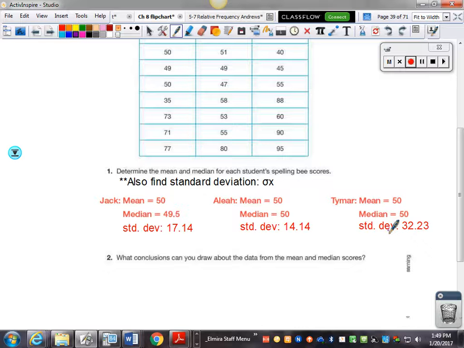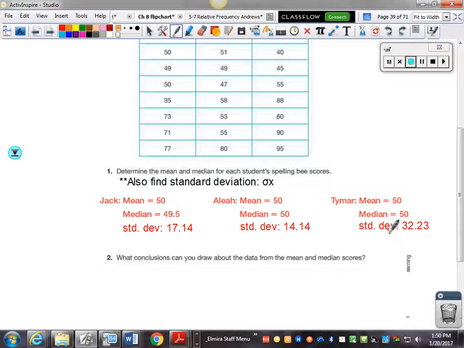Whereas Aaliyah and Jack, their standard deviations are a little bit closer together. Aaliyah's standard deviation being the lowest means that more of her data, compared to Jack, is closer to the mean, so her performance is a little more predictable, a little more consistent. But a lot of you in class said that's not the only thing I would base my decision on.